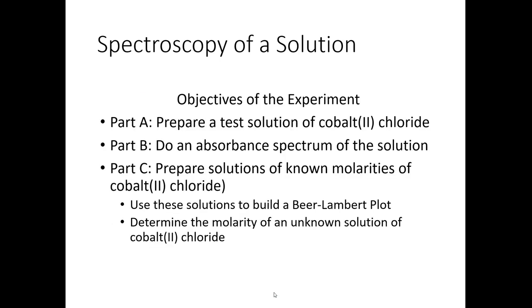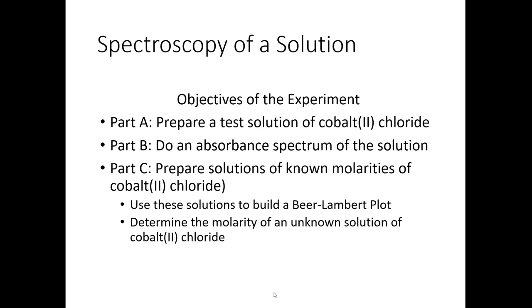Okay, so for this experiment, we have several objectives. In part A, we're going to prepare a test solution of cobalt-2 chloride of a target molarity. In part B, we're going to use that test solution to do an absorbance spectrum and identify what is lambda max for this substance.